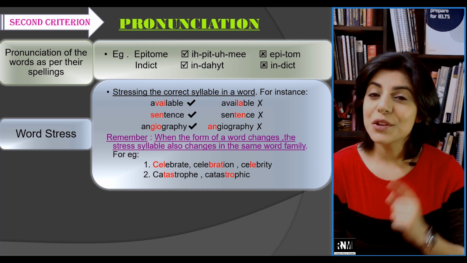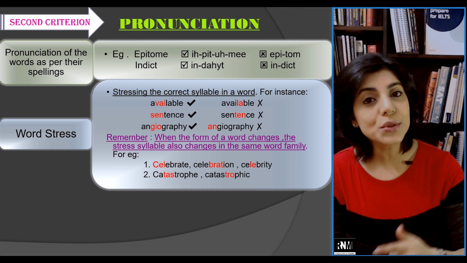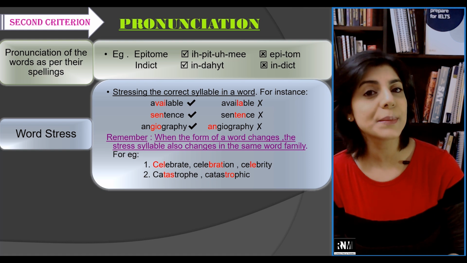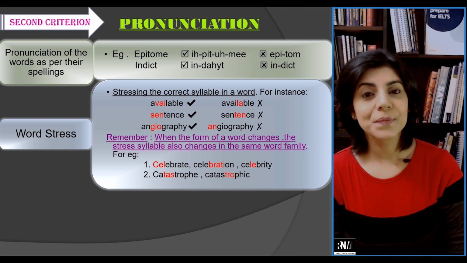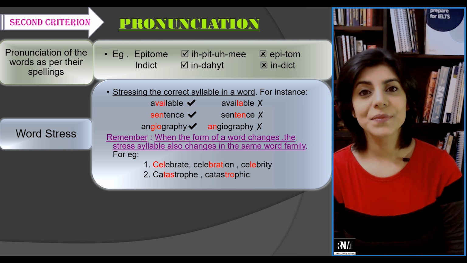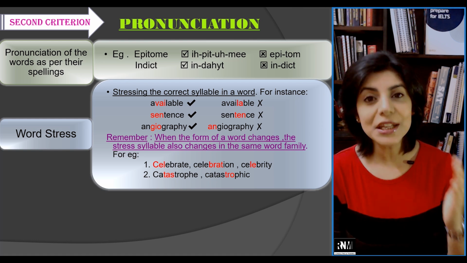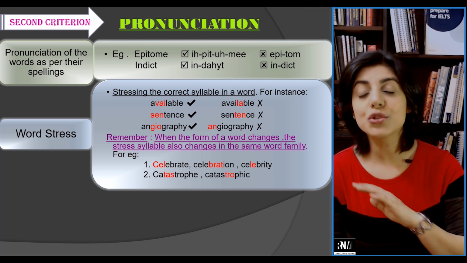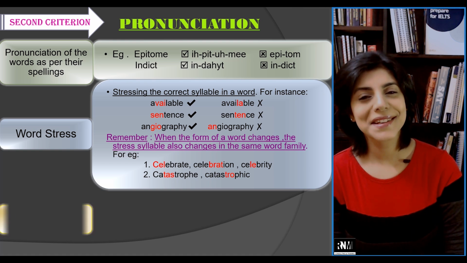Also remember, when the form of a word changes, sometimes the stress syllable also changes in the same word family. For example, celebrate, but celebration, celebrity. Another example would be catastrophe, but catastrophic. So, take care of the syllable stress.